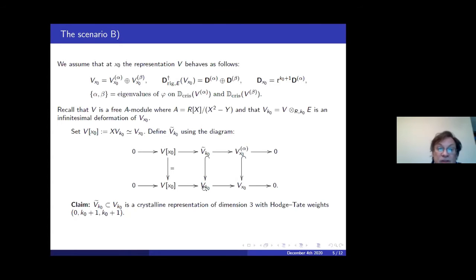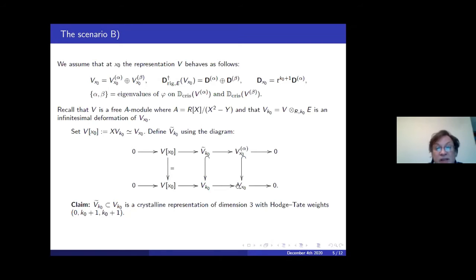We consider the projection of this infinitesimal deformation of V at K0 onto the specialization at x0, and denote by Vx0 the kernel, which, because the ramification is supposed to be equal to 2, is as a Galois representation isomorphic to Vx0.